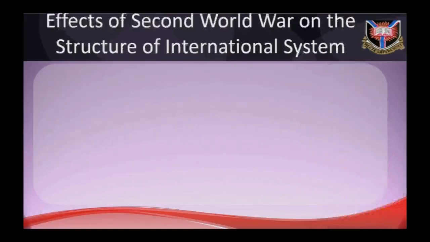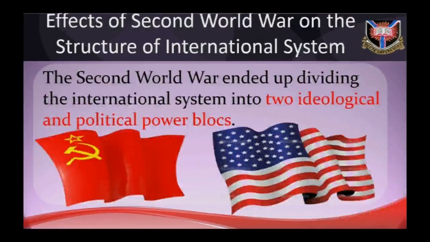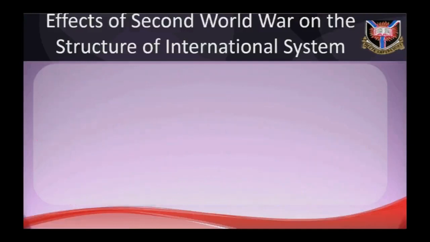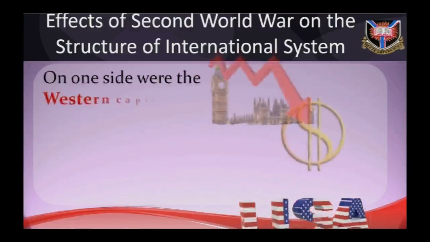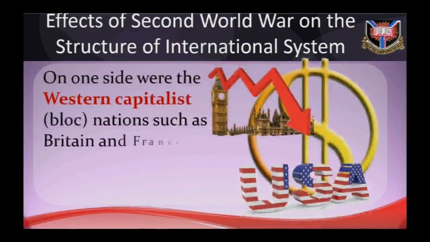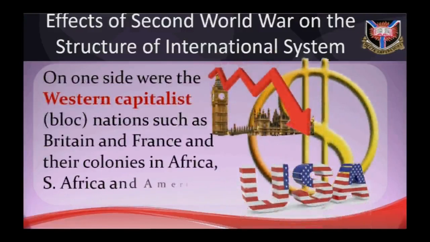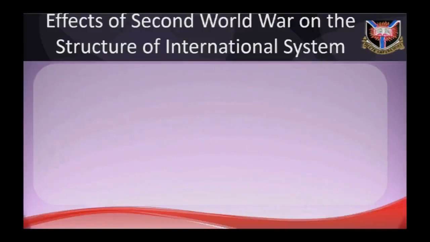Now, to answer the question, the Second World War ended up dividing the international system into two ideological and political power blocs. On one side were the Western capitalist bloc nations, such as Britain and France, and their colonies in Africa, South Africa, and America.